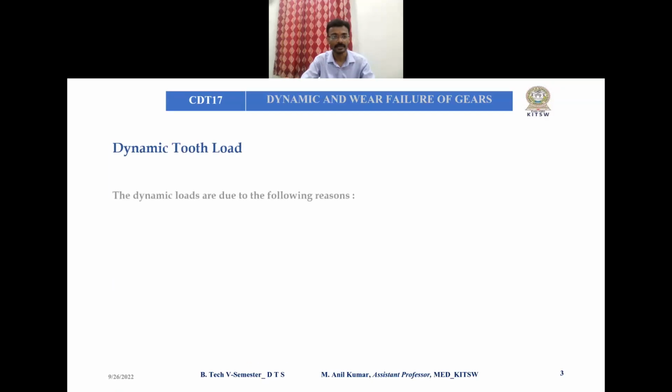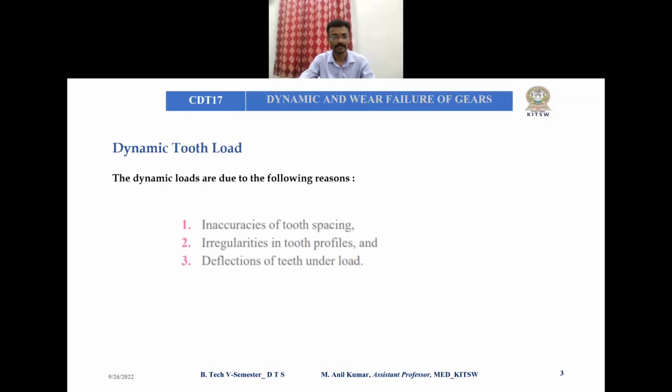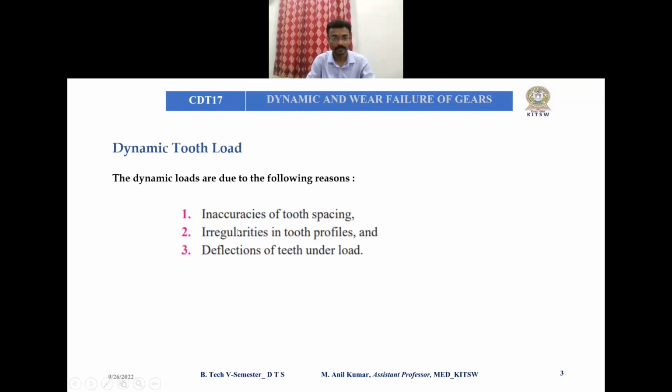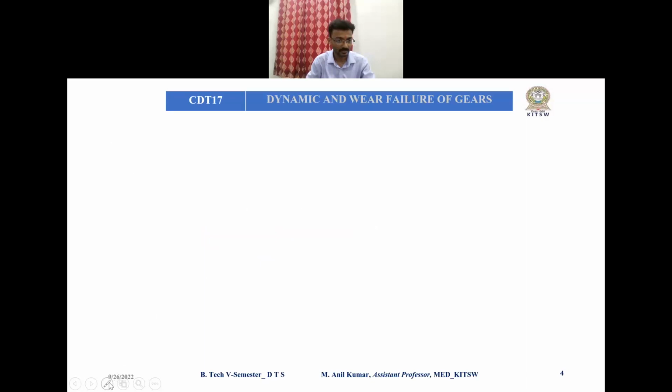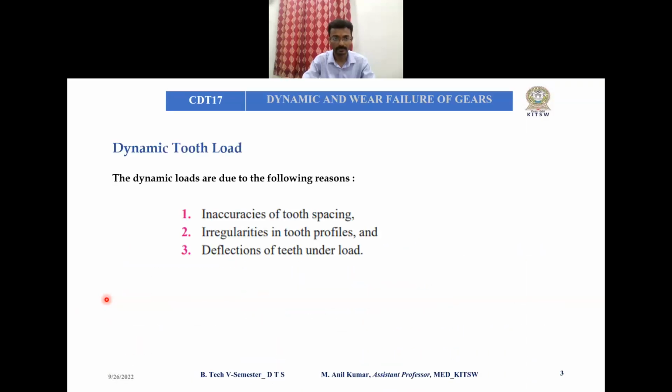Here, in dynamic tooth load, the loads are due to the following reasons. The dynamic loads are due to the inaccuracies of tooth spacing, irregularities in tooth profiles, and deflection of tooth under load.